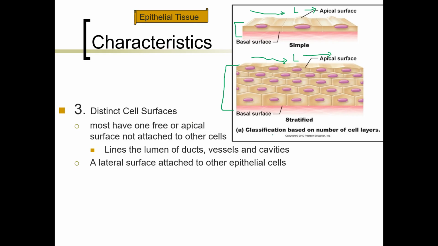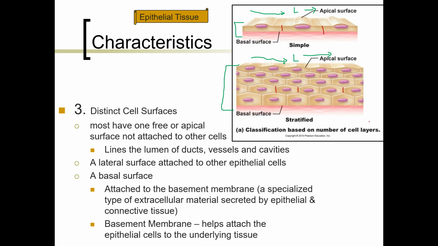Now, you've got the lateral side of the cells, and that's going to be your lateral surface. So these areas right here, that would be your lateral surface, where it's on the side touching another cell. And then you've got the basal surface. The basal surface is where it's going to be connected to underlying tissue types.